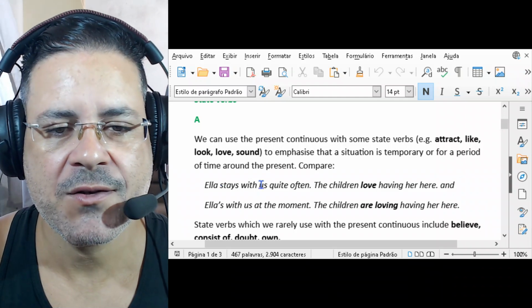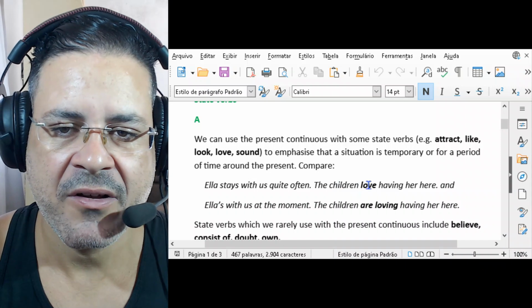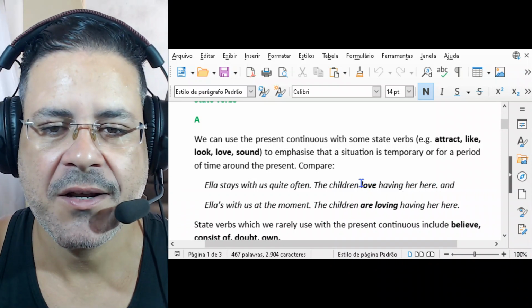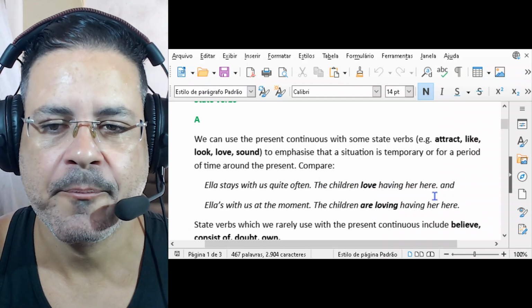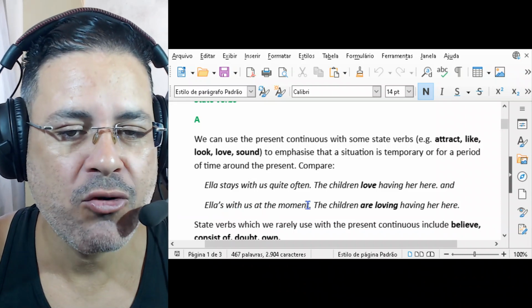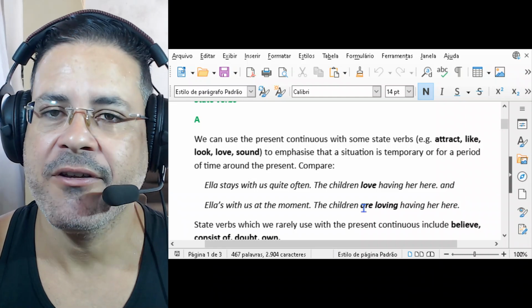Ella stays with us quite often. The children love having her here. So this is a state verb. The children love having her here. And Ella's with us at the moment. The children are loving having her here.